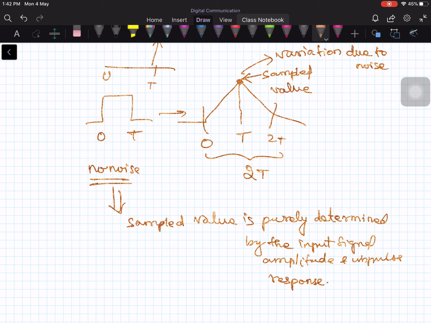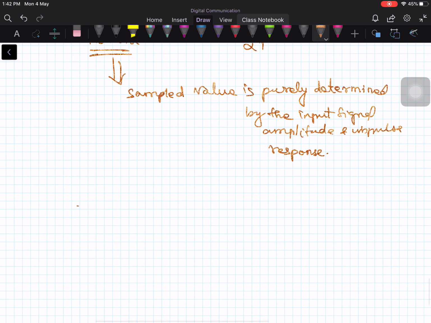If the signal alone was the input, then there would be no problem. You will get the perfect signal value, a very clear, nice, clean sampled value. But in practice, that is not going to happen. Since the signal is associated with noise, this peak value is also associated with some variability due to the noise. If there is no noise, then your peak value will be like this.